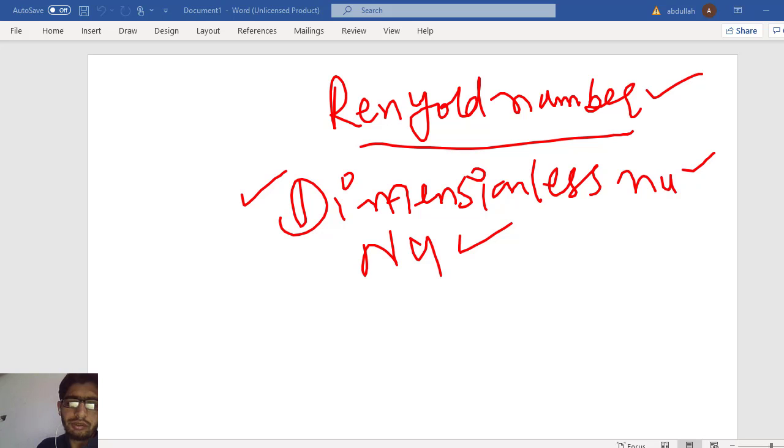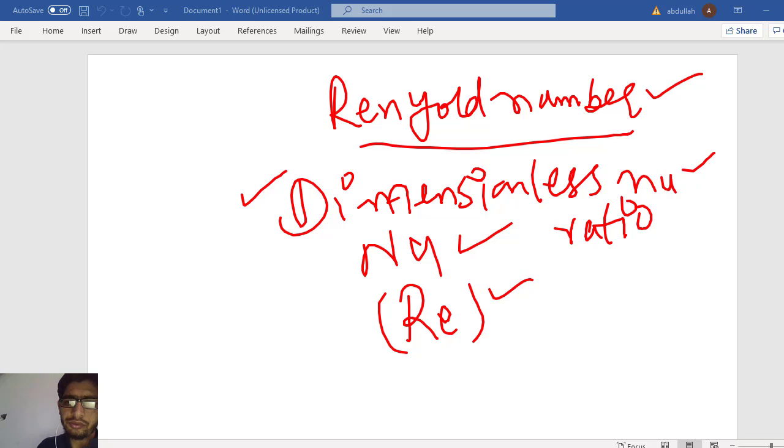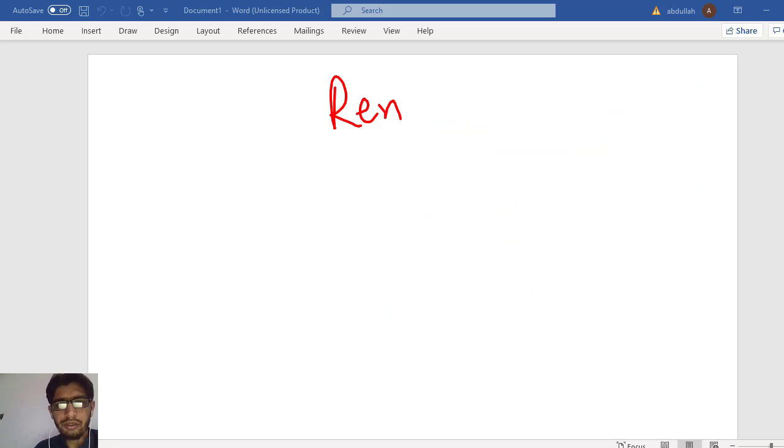Reynolds number is denoted by Re. Now, Reynolds number is the ratio between inertial forces and viscous forces.